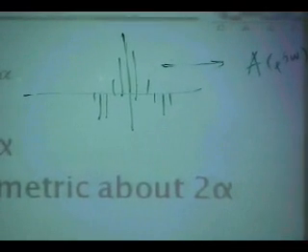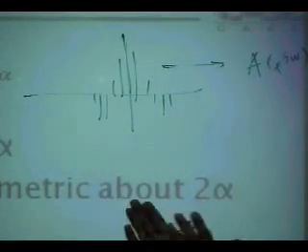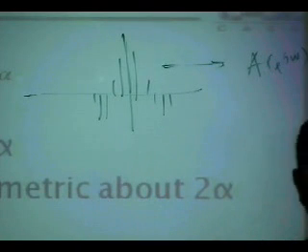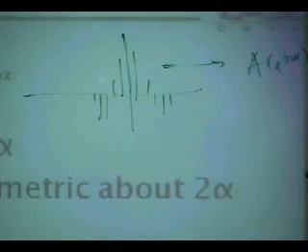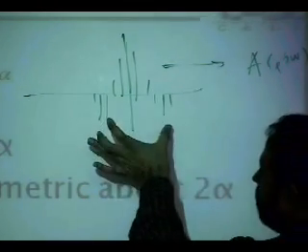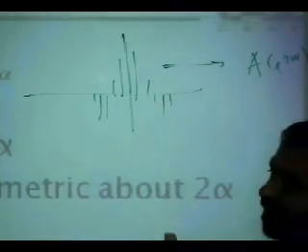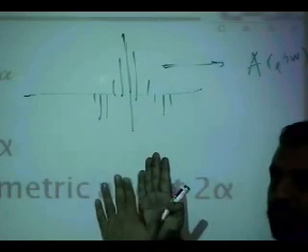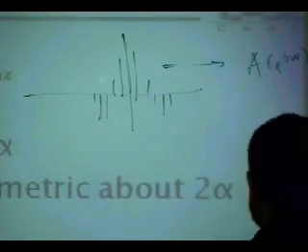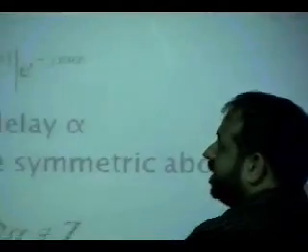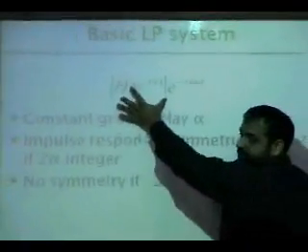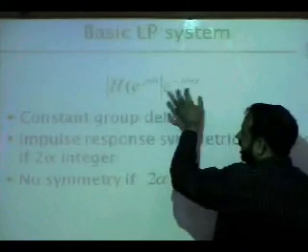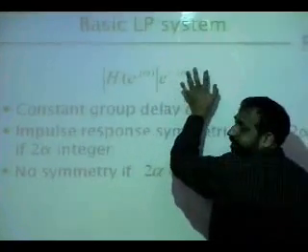So you design a real and even sequence, and then you shift it to make it causal, and once you shift it, there will be an exponential term. You say it's a linear phase system. So linear phase systems are usually symmetric around a value because they are being shifted. So this is a linear phase system where you have a magnitude term which is real and an exponential of minus j omega alpha.